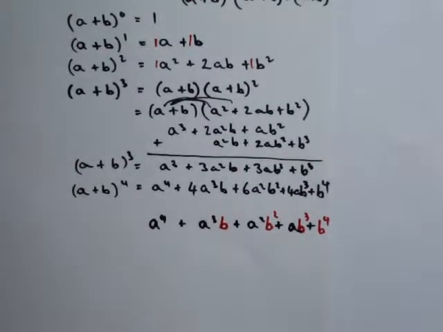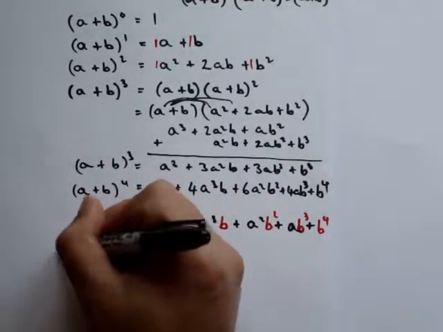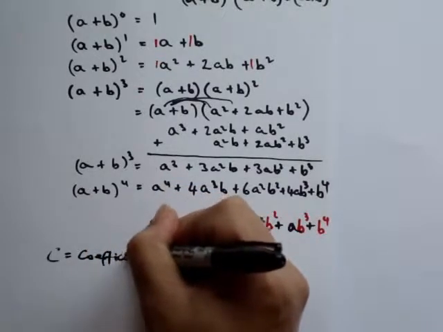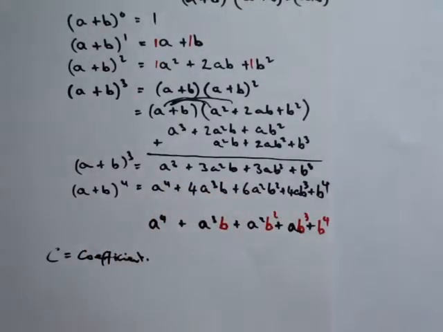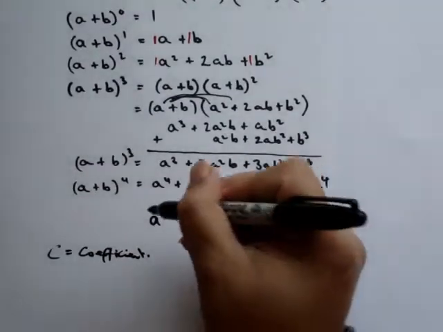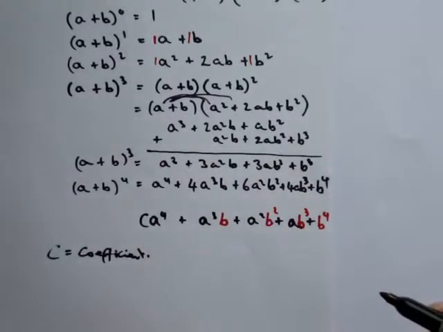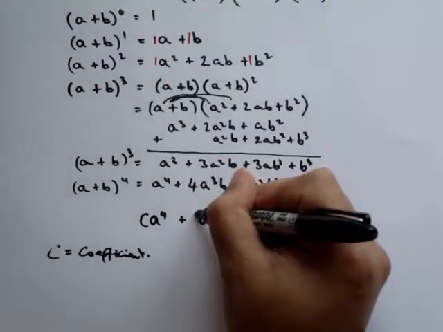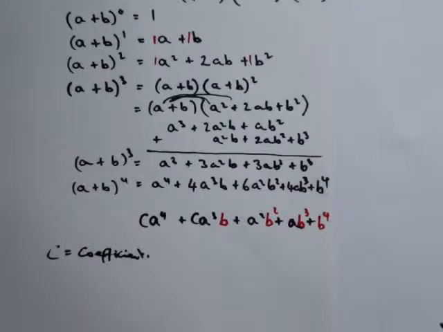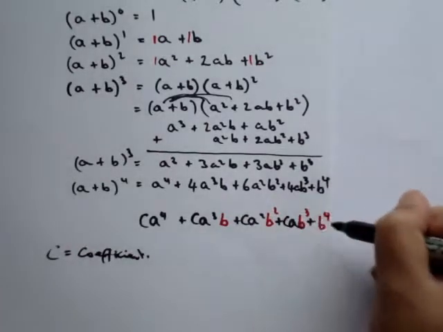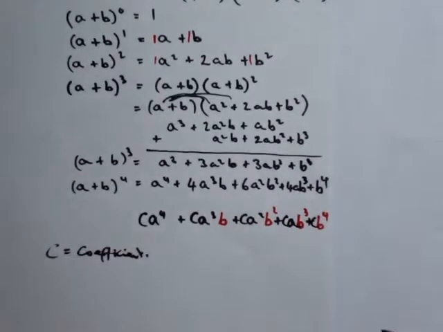Another thing that's going on is there's a coefficient. If we let c equal the coefficient, there's some coefficient which is 1 before the a to the power 4. There's some coefficient before the second term, and some coefficient there, and there.